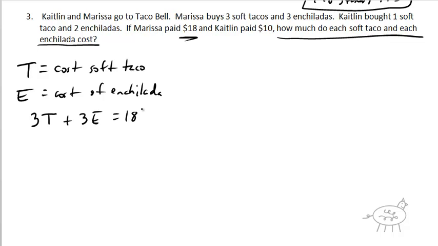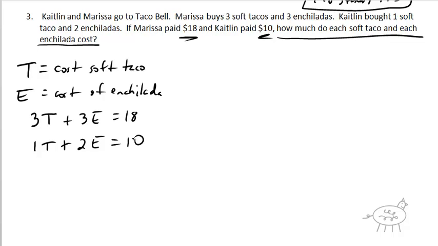Caitlin bought 1 soft taco, so 1 T, plus 2 enchiladas, and she paid $10. And that's your equation. Okay, you got to remember how to do that though.